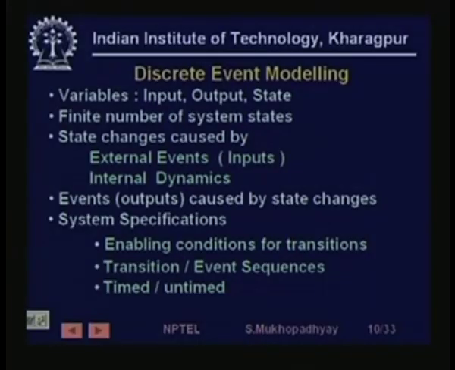So these specifications could be again stated in various ways, for example by transition event sequences, which could be either timed or untimed, or by giving the enabling conditions for some transitions, that is we may like to cause some transitions in certain ways in the system.